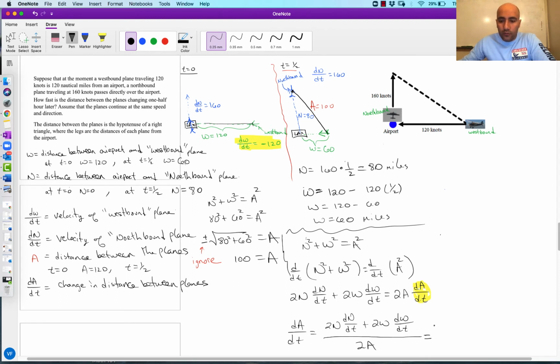So 2 times n, and n is equal to 80, times dn/dt, which is equal to 160, plus 2 times w, and the w we said was 60, times dw/dt, and dw/dt is negative 120.